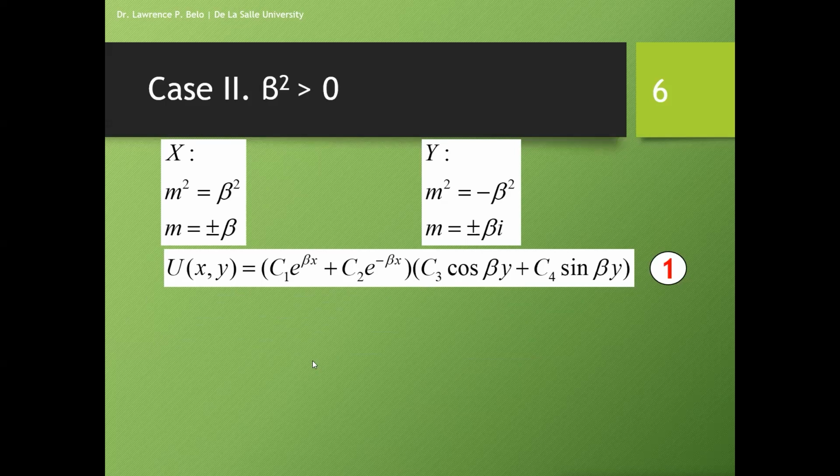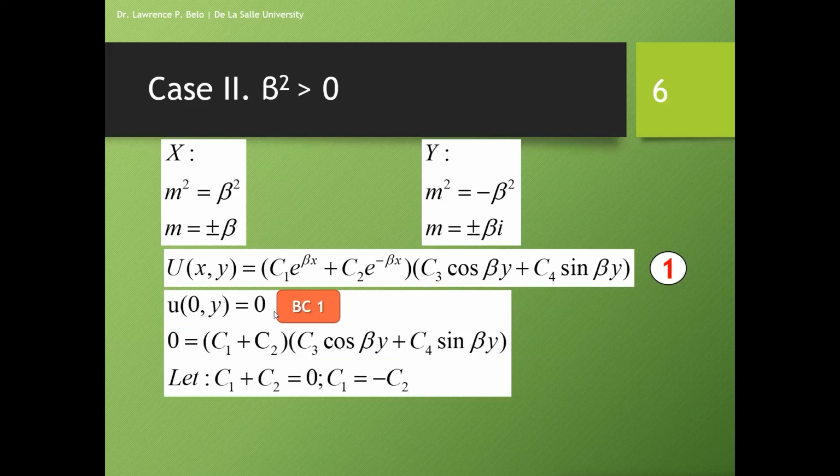Now, let's apply the boundary conditions again. Boundary condition number 1, x is 0. So e to the 0 is 1, e to the 0 is 1. So C1 plus C2 is equal to this. For the product to be 0, C1 plus C2 could be equated to 0.